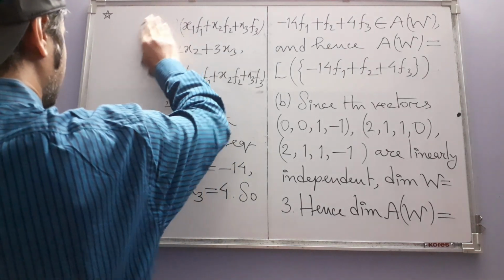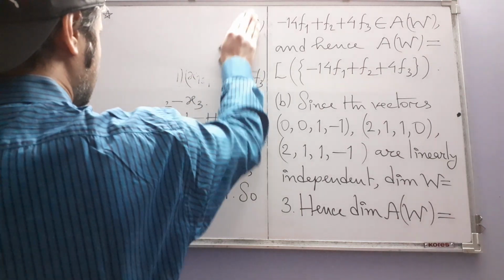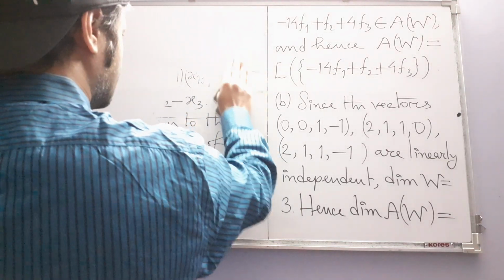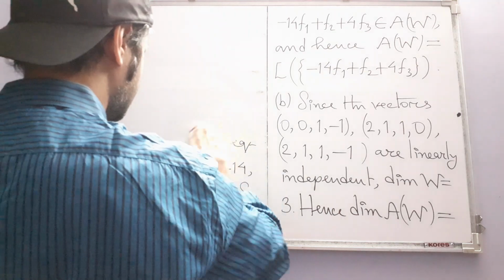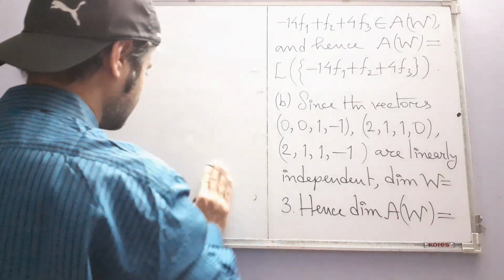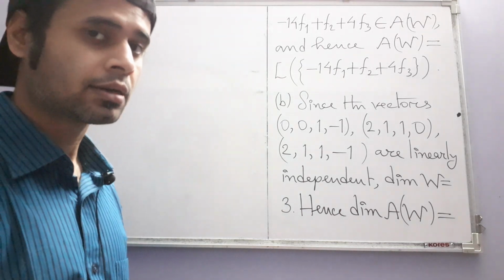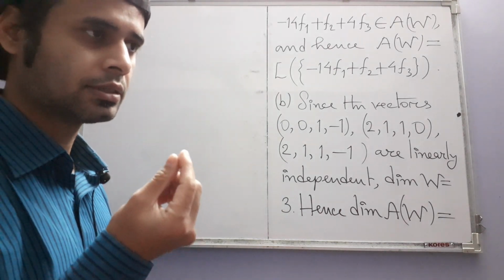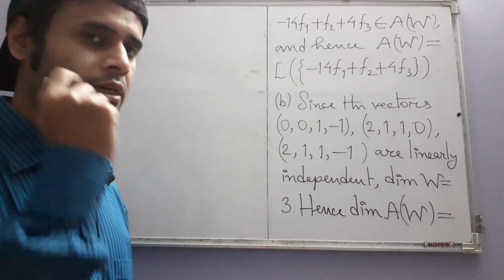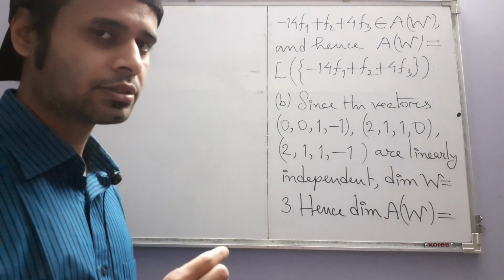Having a one-dimensional space, it's easy to work with because every vector is a multiple of some fixed vector. It's like working in a cyclic group where there is a generator.